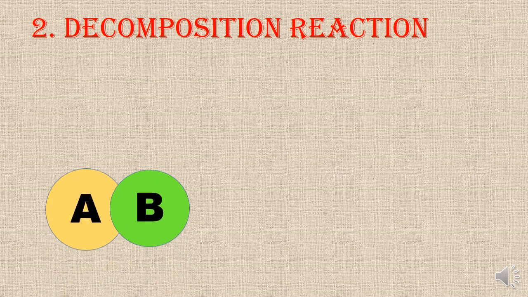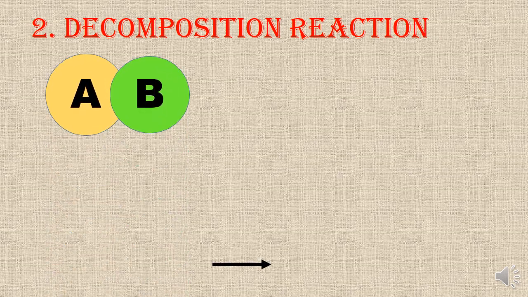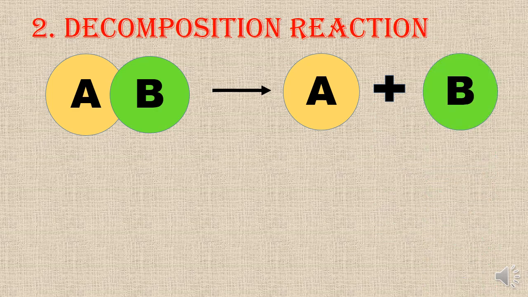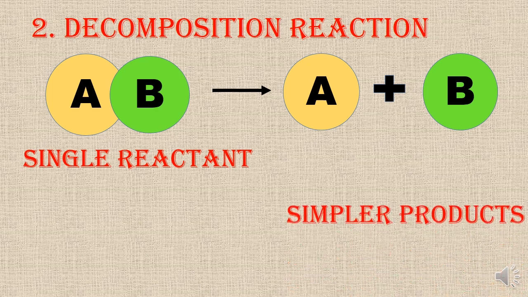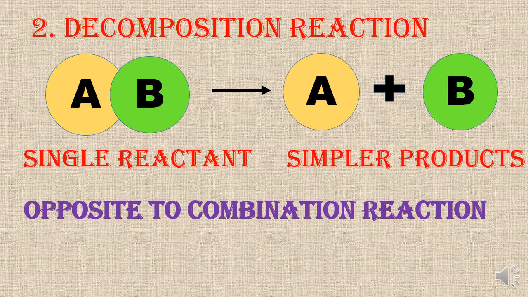Moving on to the next type of chemical reaction, which is decomposition reaction. The reactions in which a single reactant splits into two or more simpler products are called decomposition reactions. Remember, this is completely opposite to the combination reaction.